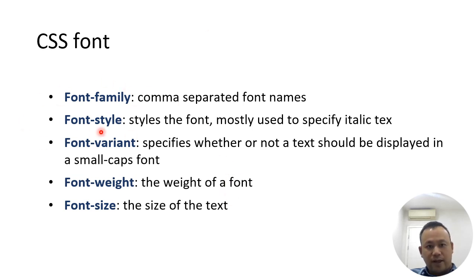So for font family, you set a font name and font style. Font style defines the font style, mostly used for italicized text. For font variant, you specify whether or not a text should be displayed in small caps. Font weight indicates the weight of a font, and font size is the size of the text.